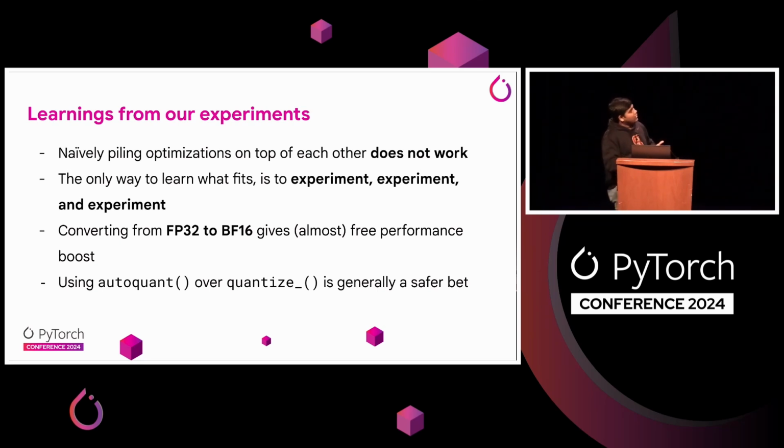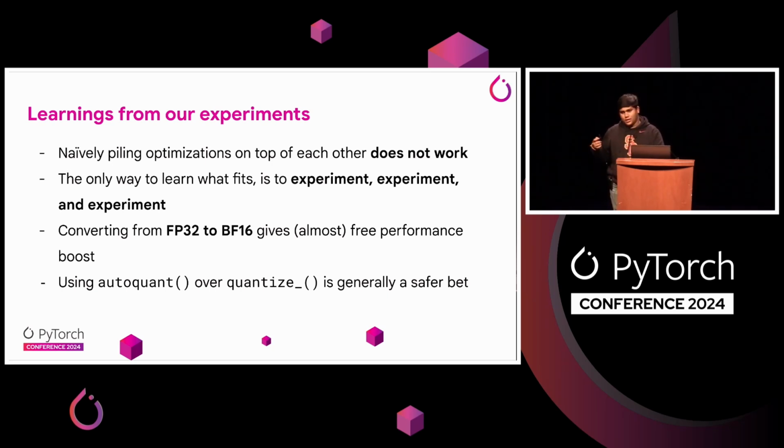Third, converting from FP32 to BF16 is a very quick and surefire way to get some very good performance boosts right off the bat. But another cause for concern is the fact that most models, as of today, are not very numerically stable. So before using this technique, please make sure that your model is stable enough to handle quantization.